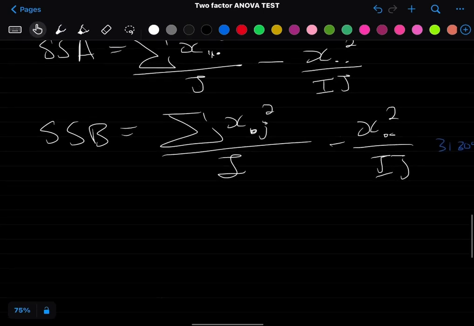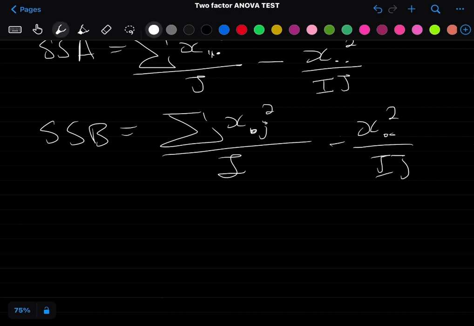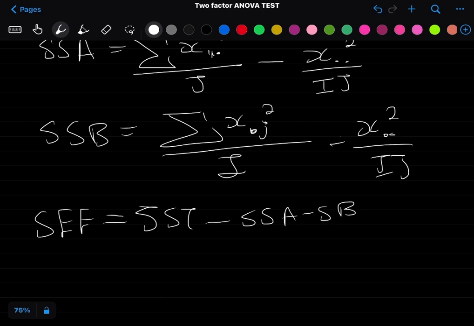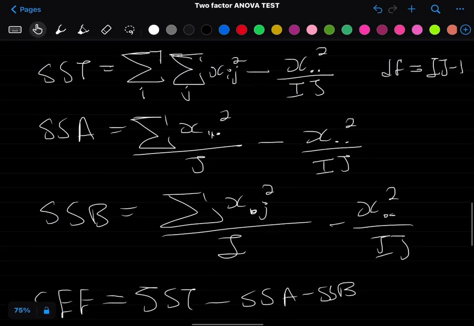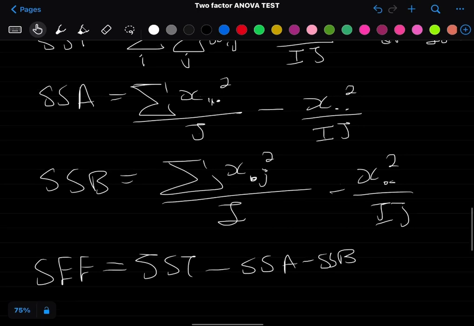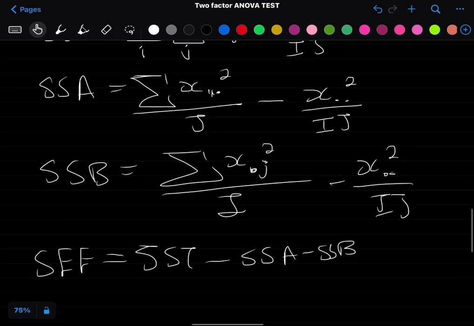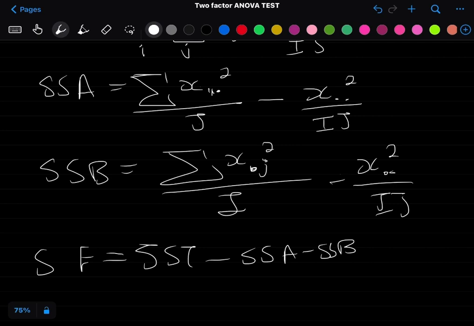Now to get the sum of squares for the error, the formula is SST minus SSA minus SSB. So these are the formulas that you're supposed to use to find the sum of squares of the error. Sorry, it's SSE, not SEE.